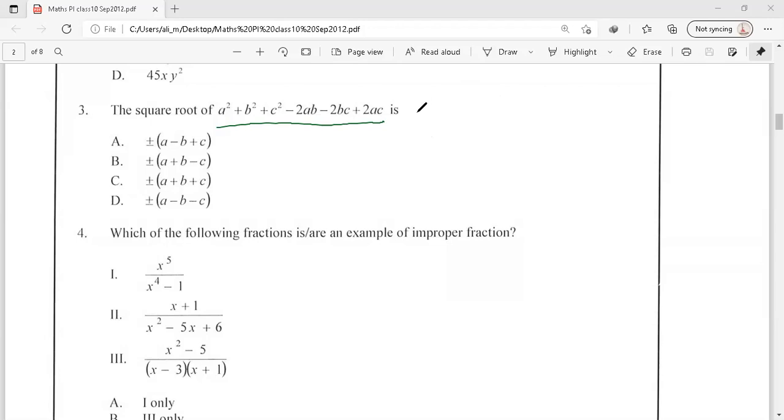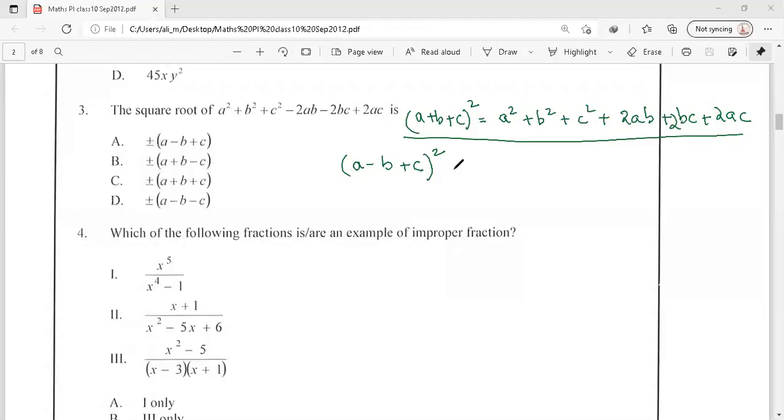So this whole expanded form will be equal to a plus b minus c. So in the algebraic formula of the sum of three terms to the whole square, as I have written, a square plus b square plus c square plus 2ab plus 2bc plus 2ac.